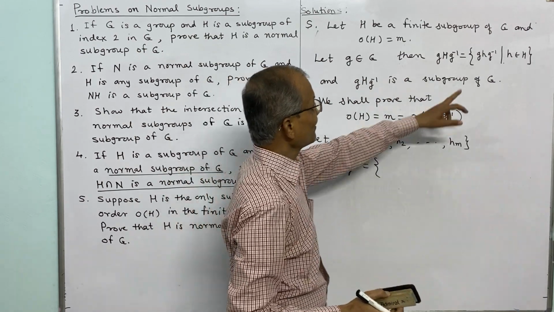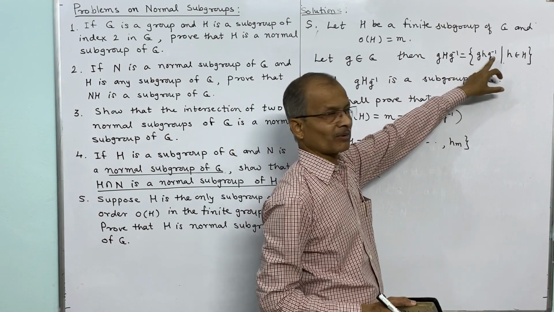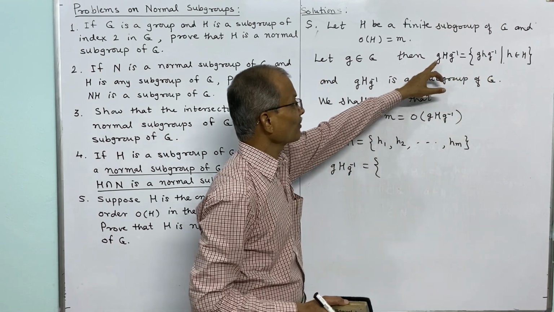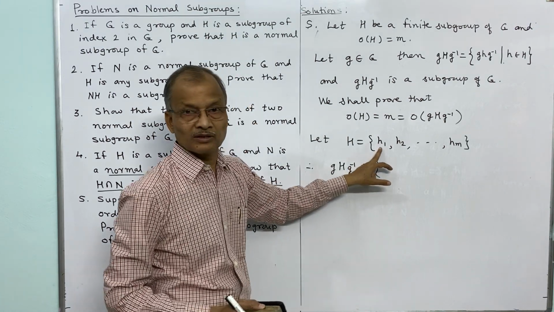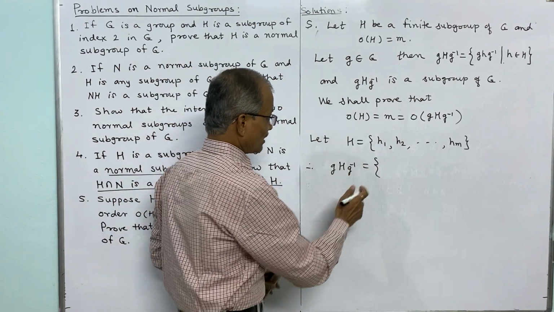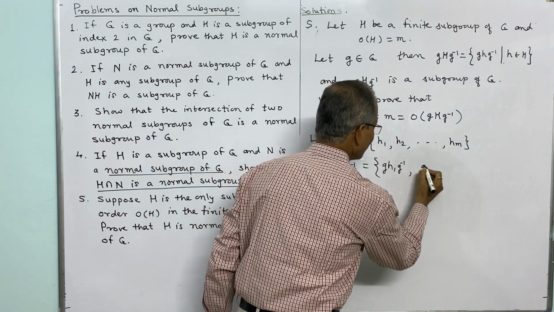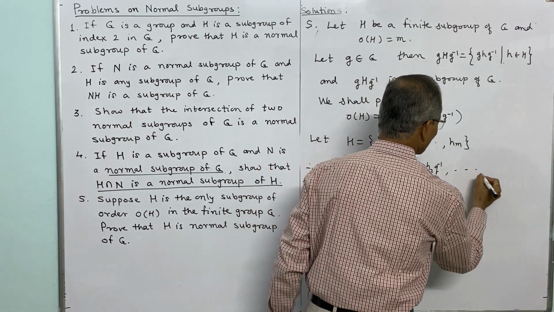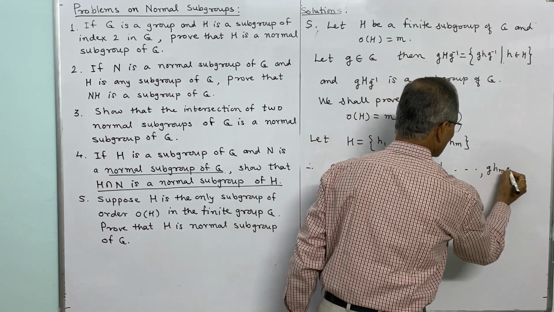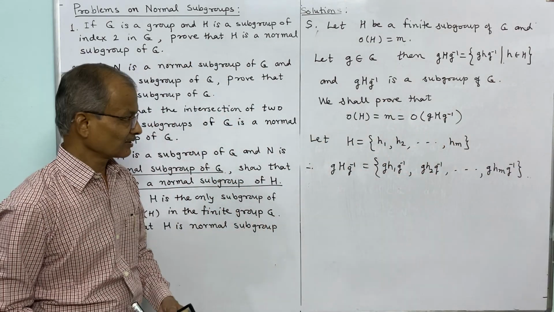By definition, every element of H is pre-multiplied by g and post-multiplied by g inverse. Thus the first element will be gh1g inverse, the second will be gh2g inverse, and so on. The last one will be ghm g inverse. So these are the elements in gHg inverse.